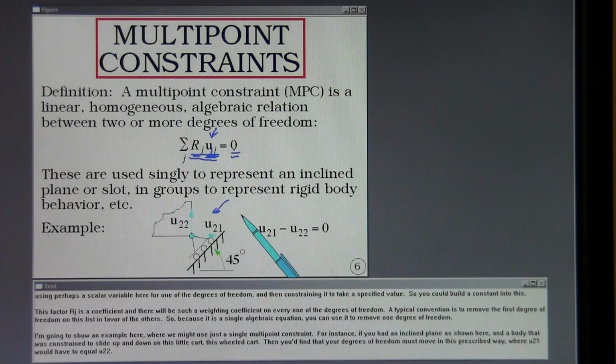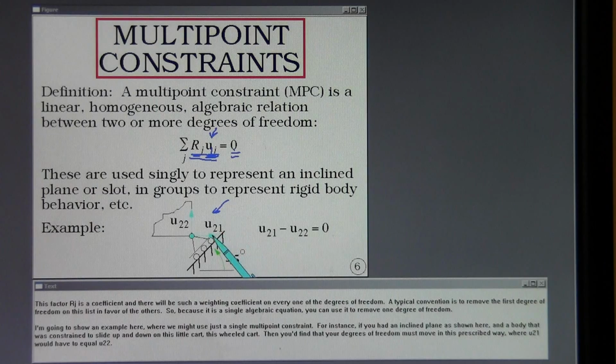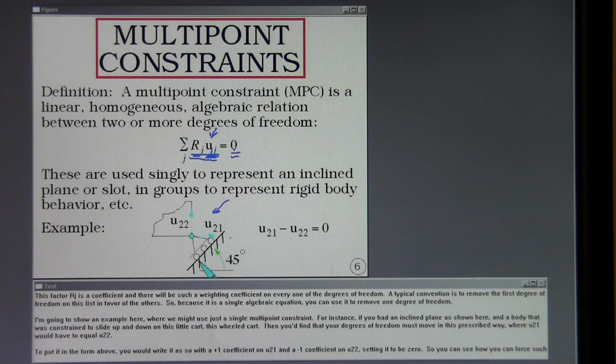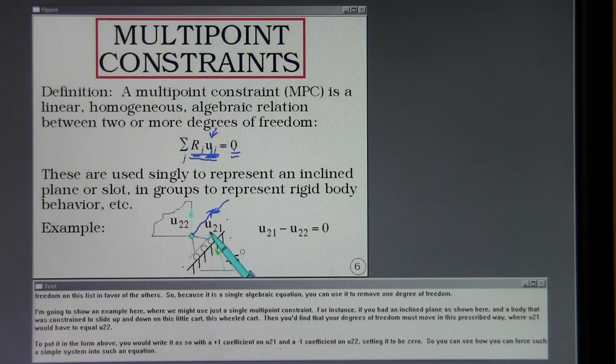I'm going to show an example here where we might use just a single multipoint constraint. For instance, if you had an inclined plane as shown here, and a body that was constrained to slide up and down it on this little cart, this wheeled cart, then you'd find that your degrees of freedom must move in this prescribed way, where U21 would have to equal U22.